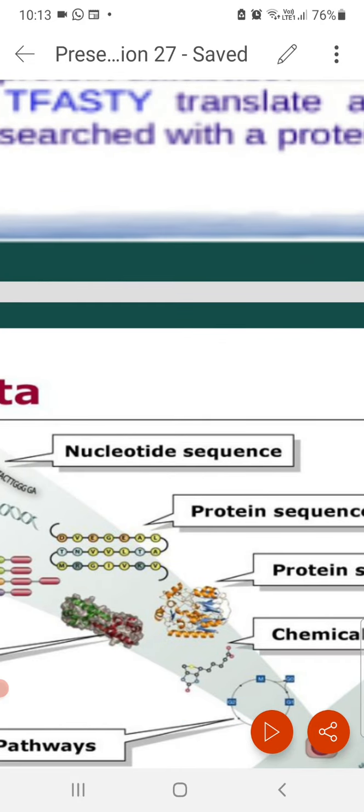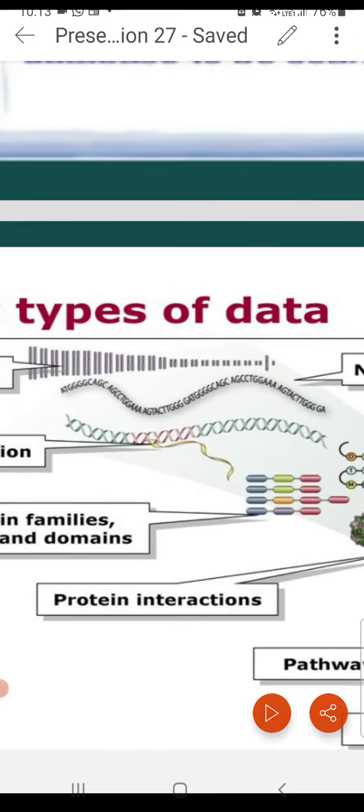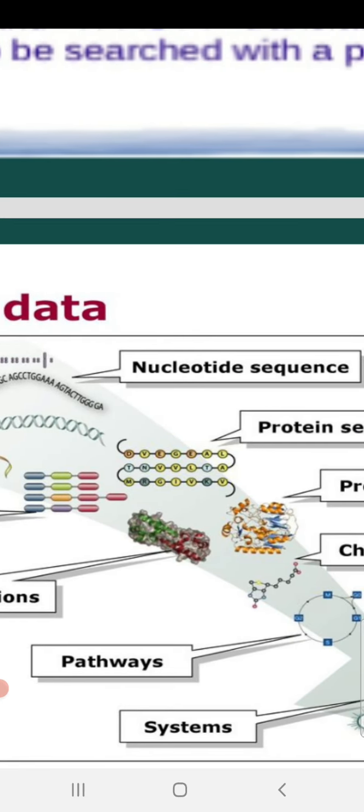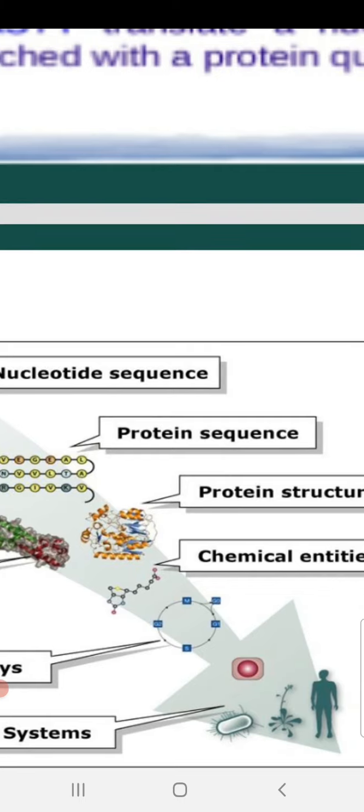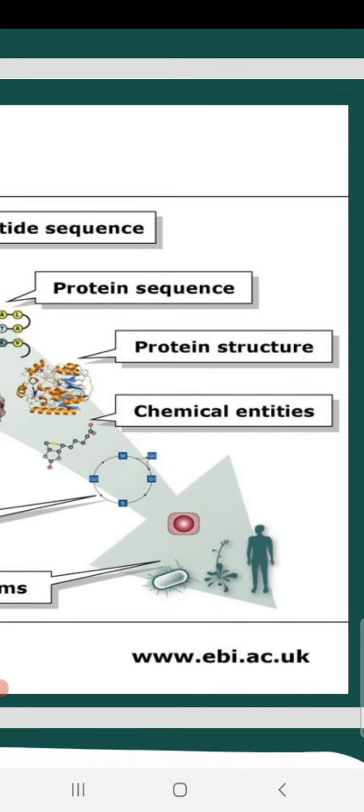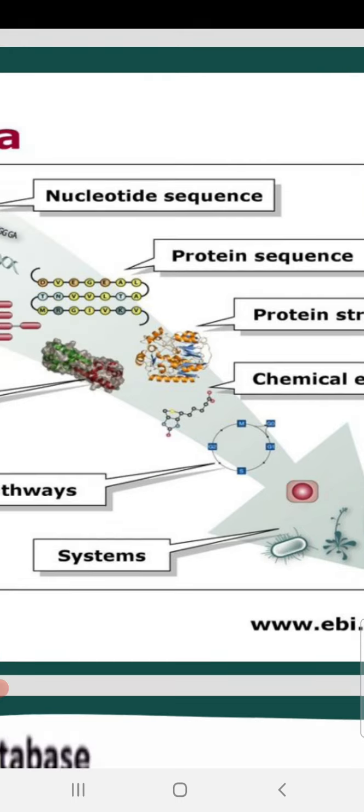So based on genome, nucleotides are sequenced. If it is gene expression based, the protein sequences will be the final indication or prediction. And if protein families, motifs and domains are the starting material, the protein structure will be the final stage.